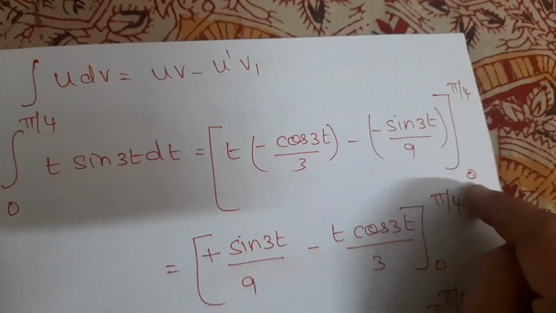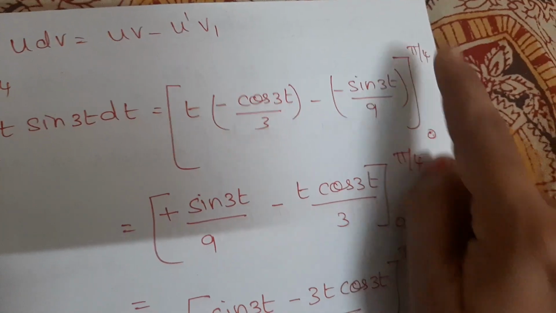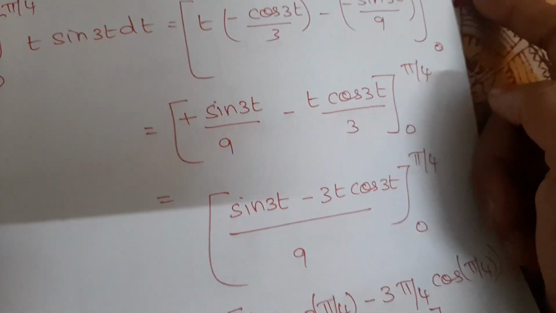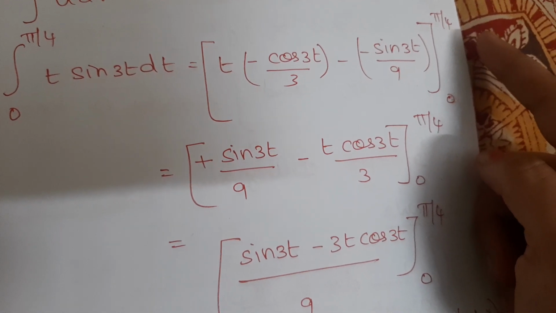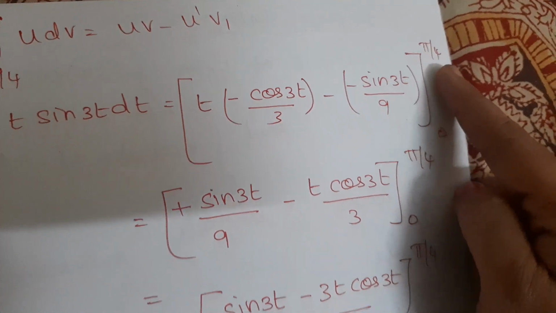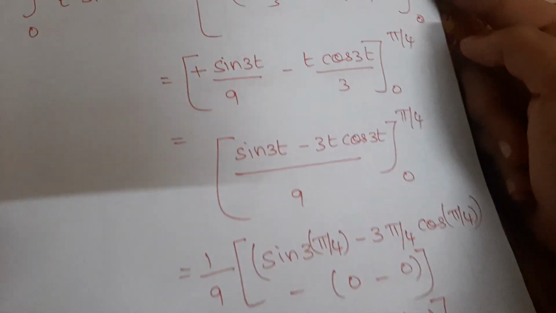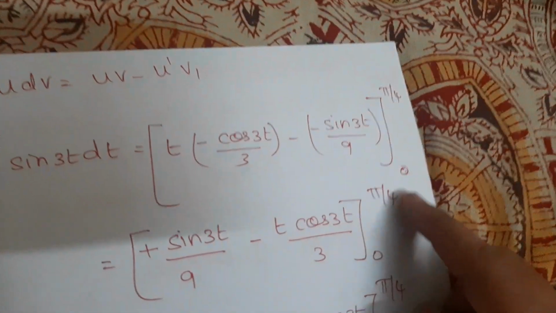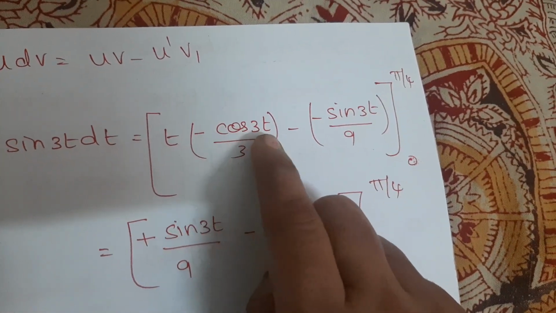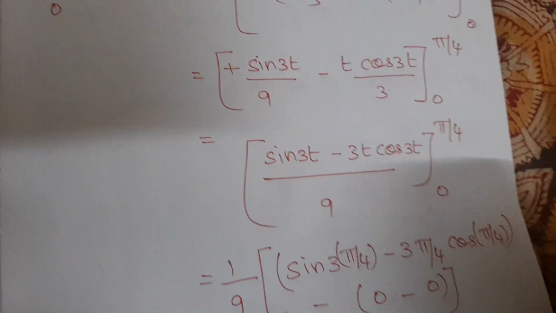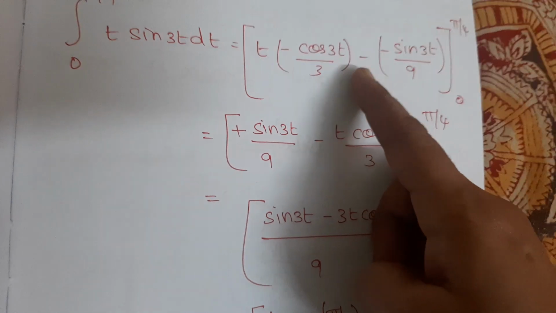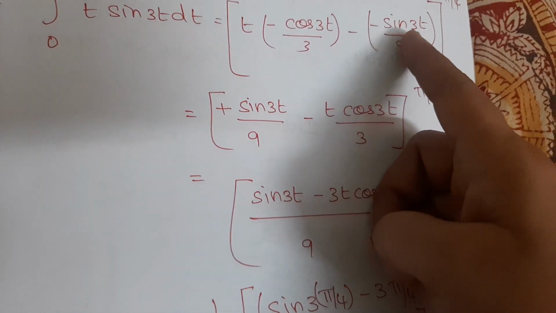So we are substituting the limit 0 to pi by 4. First the upper limit pi by 4: t into minus cos 3t by 3, minus of minus gives plus sin 3t by 9.